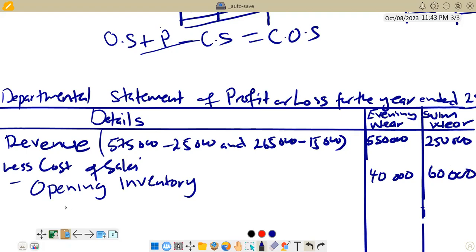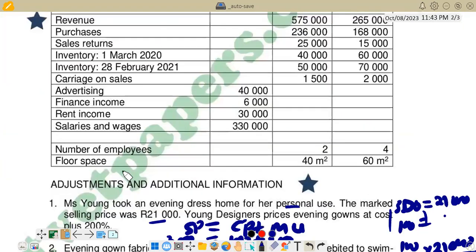Then obviously we add purchases. So this is the trading account that we are just putting there. Then we've got our purchases. Then we go and check our figures for purchases. For purchases, we are here.